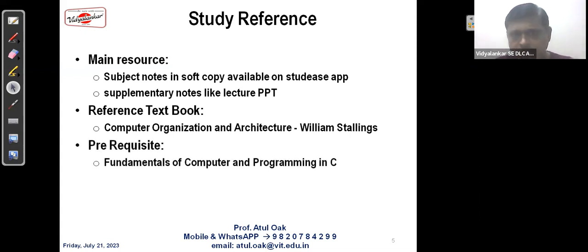And the prerequisite for this subject is some fundamentals of computers you might have studied in SEM 1, and some programming language like C language, because I think you have studied C programming in SEM 1. That's the prerequisite. Some reference we will take as we go with this subject.